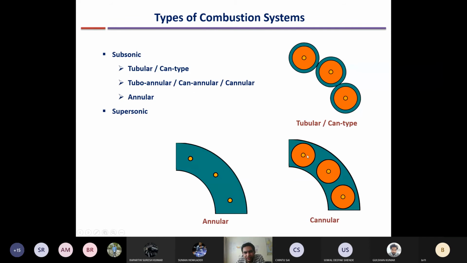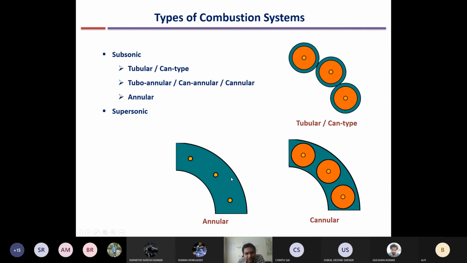One advantage is that if the flame goes out in one of these, it can be quickly ignited from the other part. There are other advantages which we will discuss subsequently. And material cost is also reduced, because you don't have separate combustion chambers for each of them.